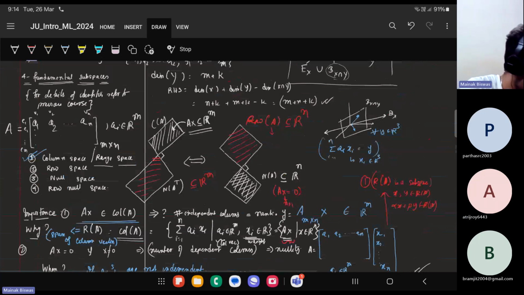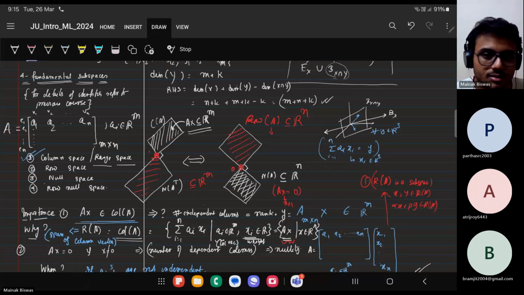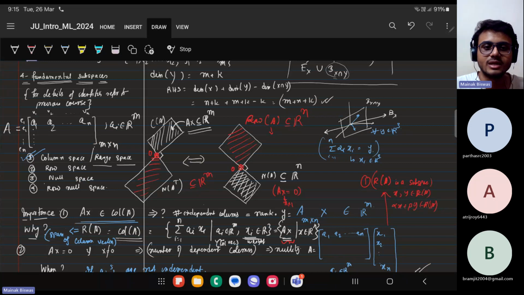Okay, I will show that. So they are two different subspaces connected by 0. All right. Like null space of A transpose and column space of A are connected only by 0, right? Okay. Will show, because if you multiply A into 0, it is 0, right?